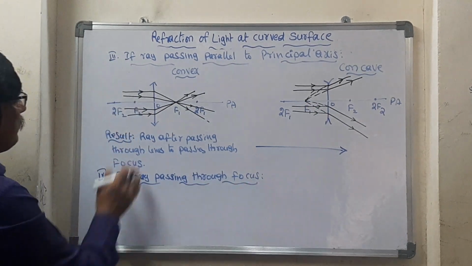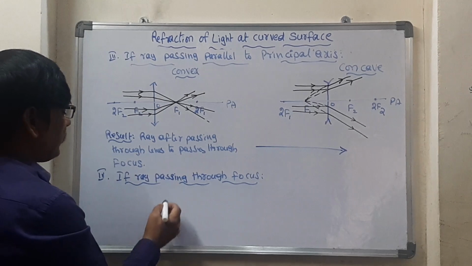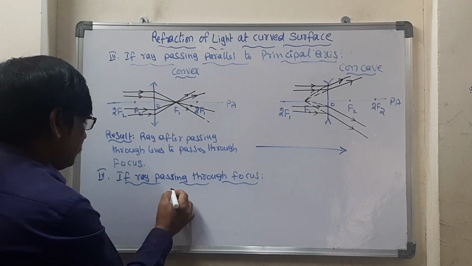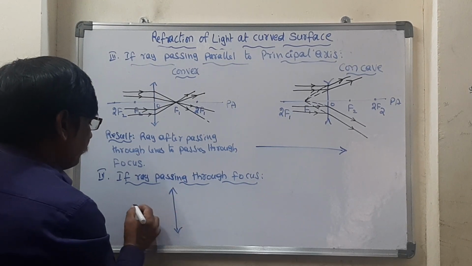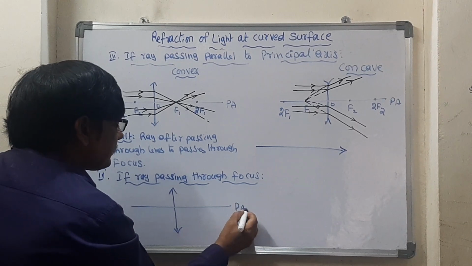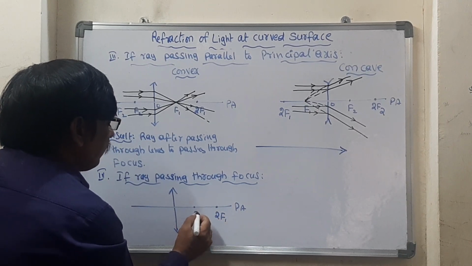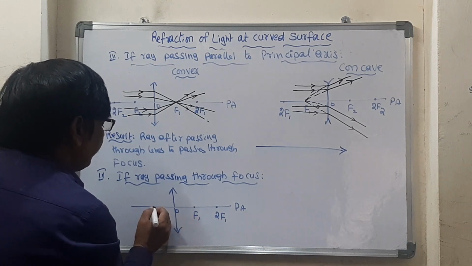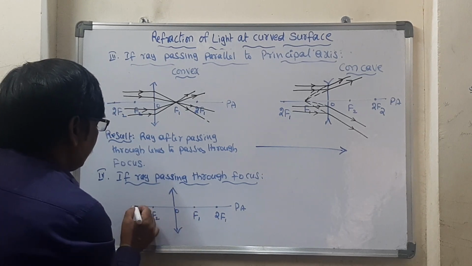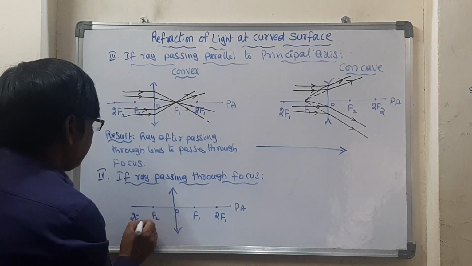For this one, first of all, let us take a convex lens. This is the principal axis, and we can take 2F1, optic center, F2, and 2F2. What is our aim?